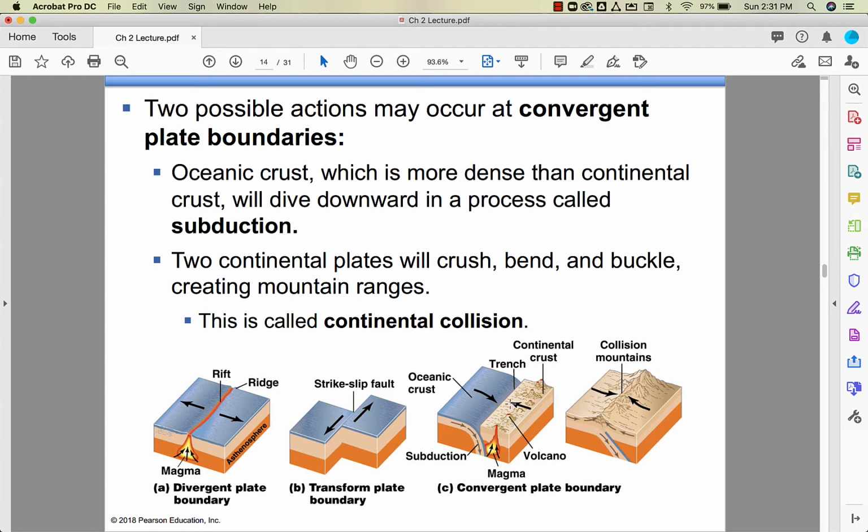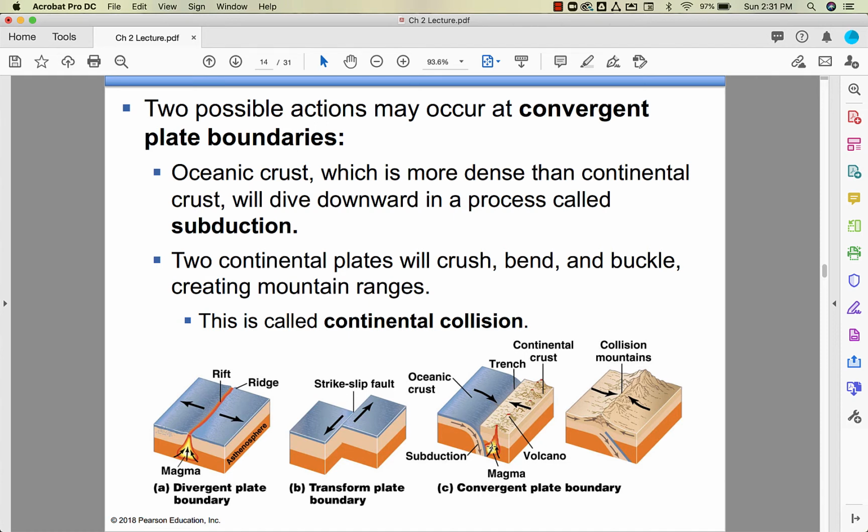You can see this picture here. Just pretend that this continental crust plate is an oceanic plate. So you're going to have this piece of oceanic crust subducting down into the asthenosphere. It's warmer down here, so this is going to melt and it's going to rise, right? Because magma is less dense.